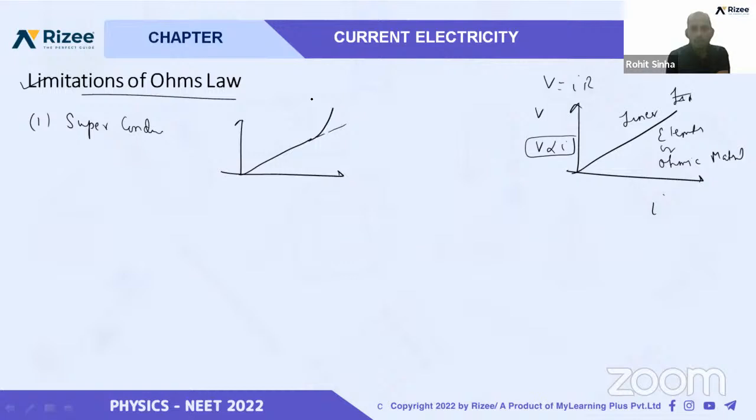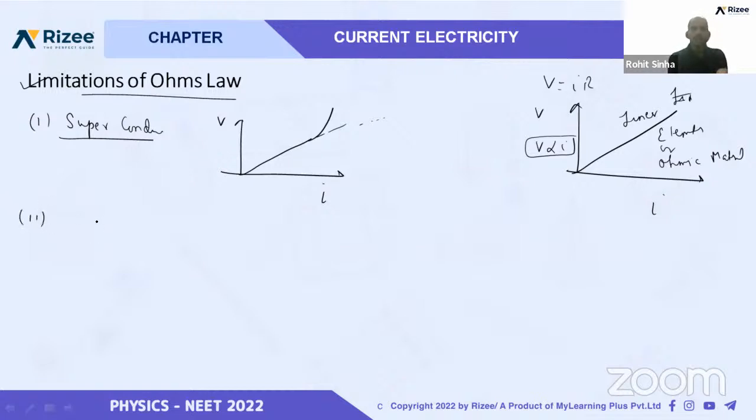So after a certain temperature, the relation V proportional to I fails. This is the first limitation of Ohm's law, at high temperature.